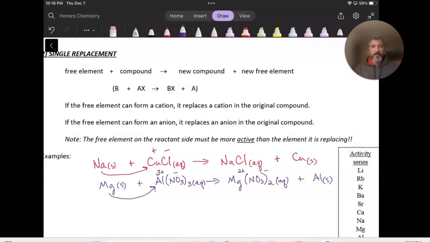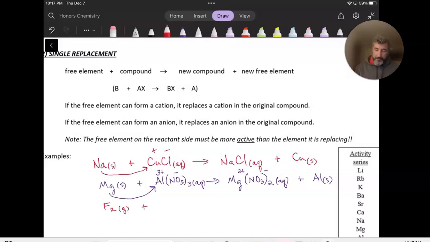Okay? Now the next statement says if the free element can form an anion, so a negative ion, it's going to replace the anion in the original compound. So an example of that might be if I have fluorine, and fluorine is a Brinkelhoff, it's diatomic, it's also a gas at room temperature.